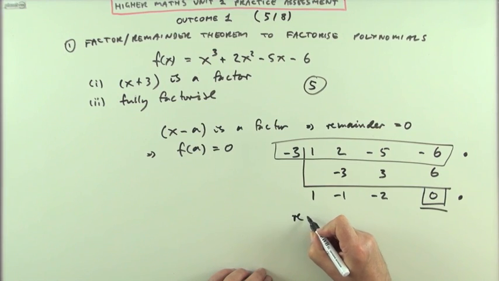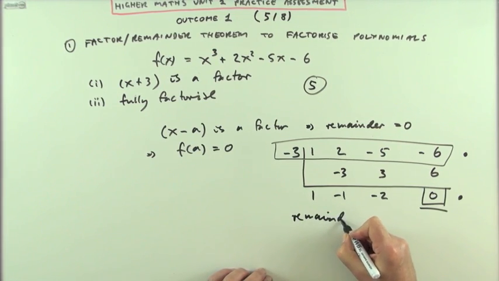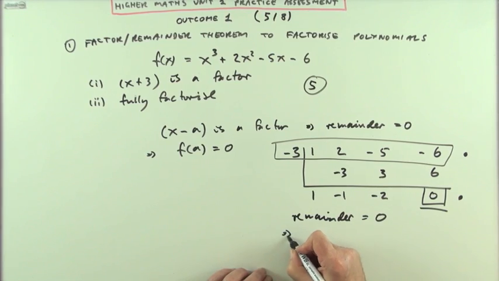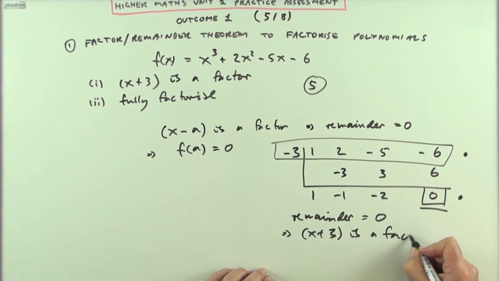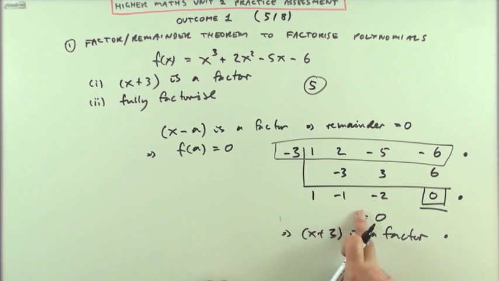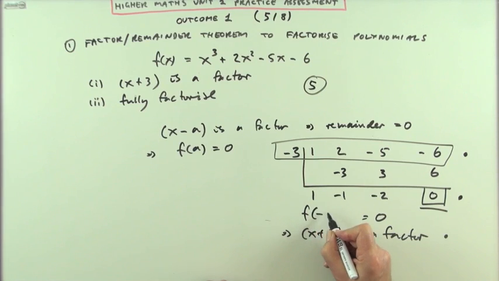So you can either say the remainder equals 0, which means x plus 3 is a factor, and that would get you the mark. Or because of the factor remainder theorem, you could say that for this part, the value of the function at -3 is 0, which means that x plus 3 is a factor. That's the first 3 marks.